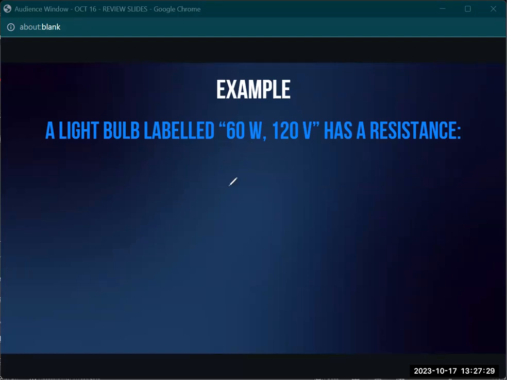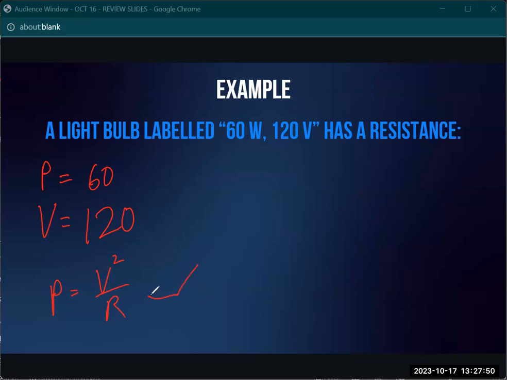So 60 watts, 120 volts. Find the resistance. So given si power, 60, and the voltage, 120. Alam natin na P is equal to V squared over R. So let's just do some workaround.